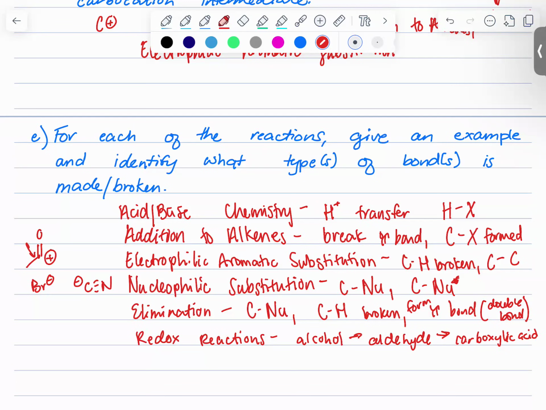So in an alcohol to an aldehyde reaction, what kind of bond are we making? Between who? What about when we go from an aldehyde to a carboxylic acid?